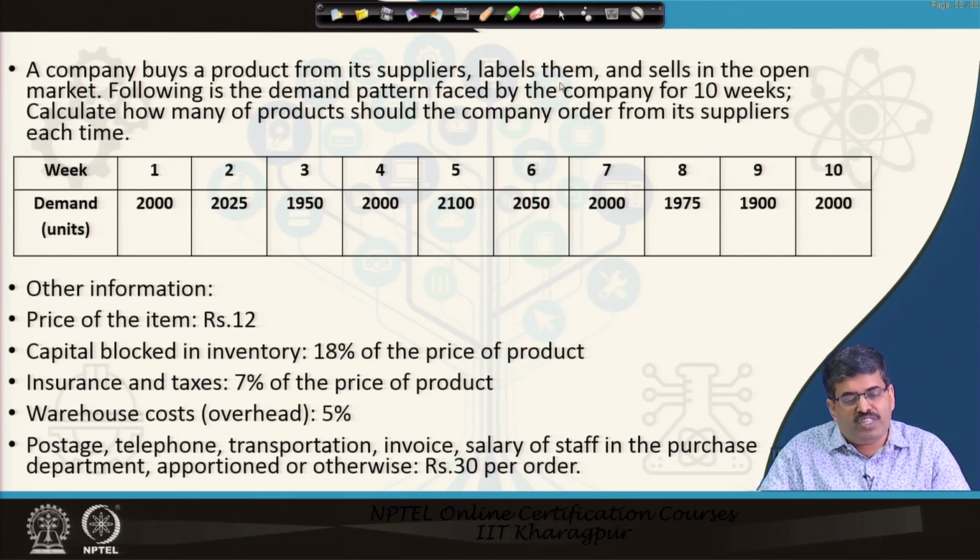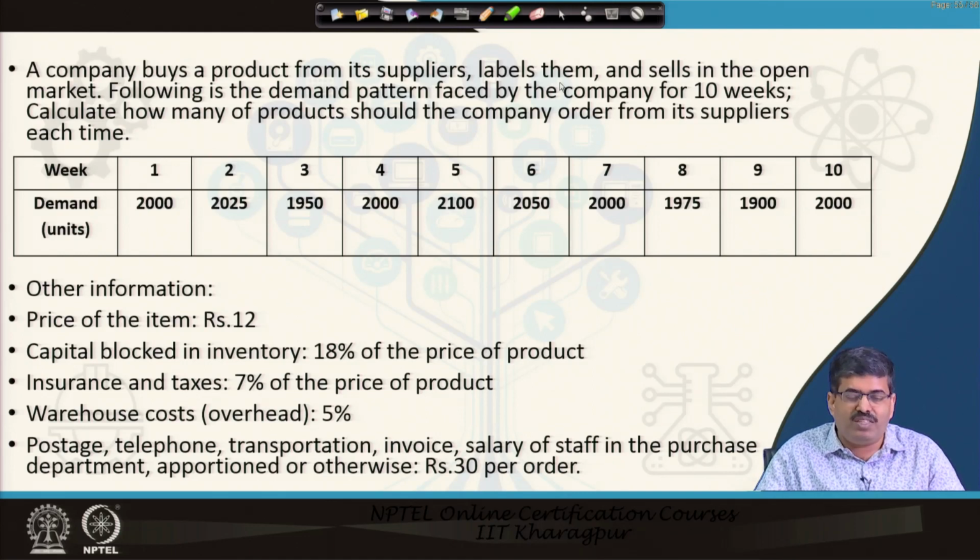What is the other information? Price of the item is 12 rupees. Capital blocked in inventory is 18%, insurance and taxes 7%, warehousing cost 5%. If you notice, all these are your stock holding cost or storing cost. If you do not store, your money is not blocked, it is sold immediately.